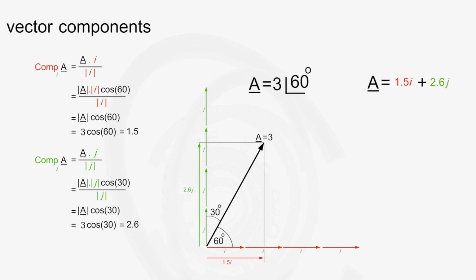These components are the blocks that this vector has over the x and y-axis. These components are what we need to define the vector in terms of unit vectors.